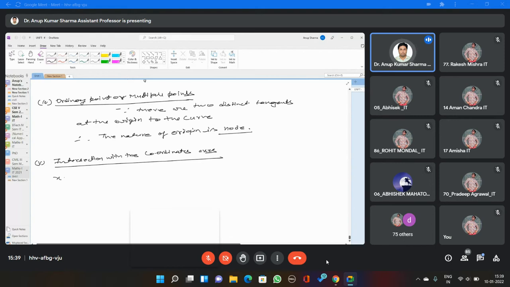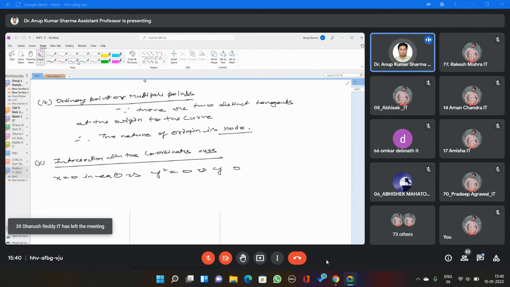So x is equal to 0 in equation number 1. This implies that y square is equal to 0, which implies y is equal to 0. That means the curve is intersecting the y-axis at the origin only.